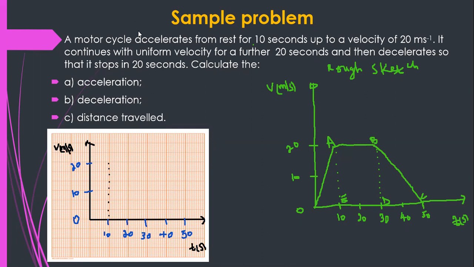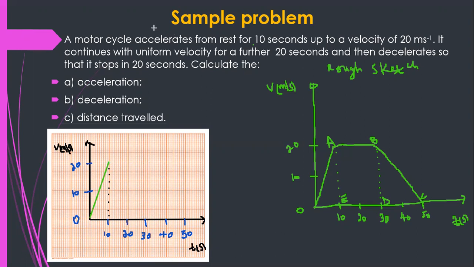We draw the motion from the origin. Okay, this is it. And then it continues with uniform velocity for a further 20 seconds, which means 20 plus the first 10 is 30. So we have from between here to this point. So you can also use broken line to mark that.